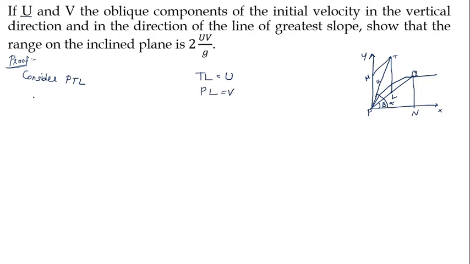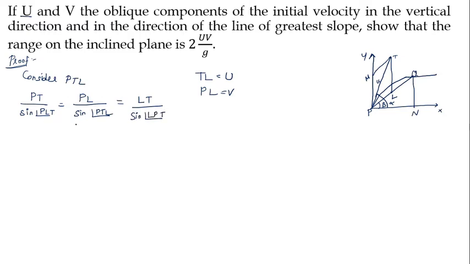We know by Lami's theorem, it is PT divided by sine of PLT is equal to PL divided by sine PTL, which is equal to LT divided by sine of LPT.